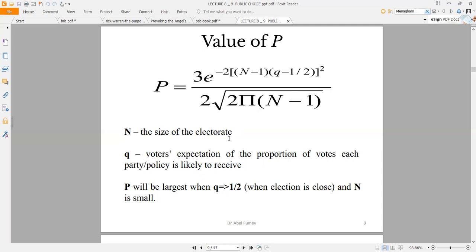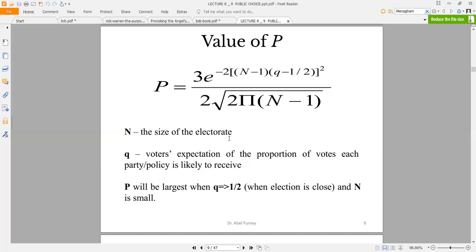Now, if you take this formula, P will be a very large number, almost like 1, if Q is greater than or equal to half. Remember we said that P is talking about how tight the election can be.